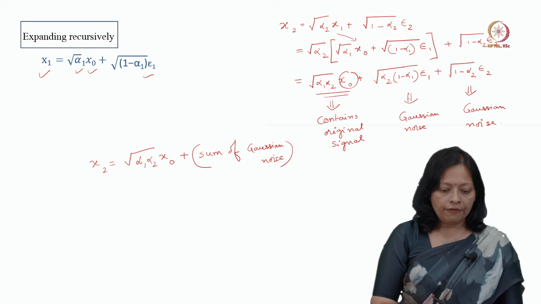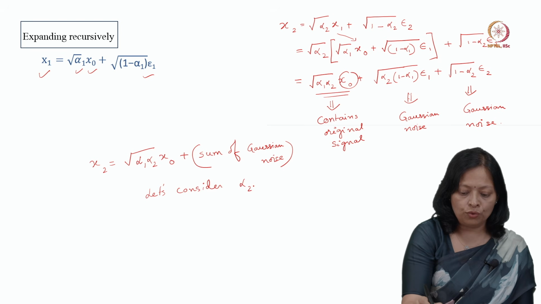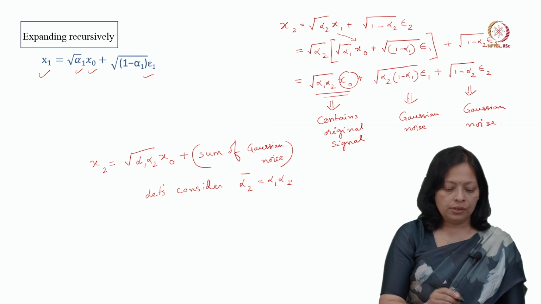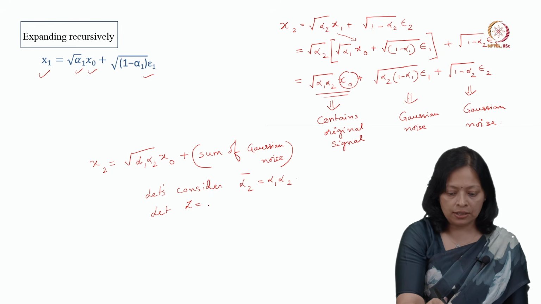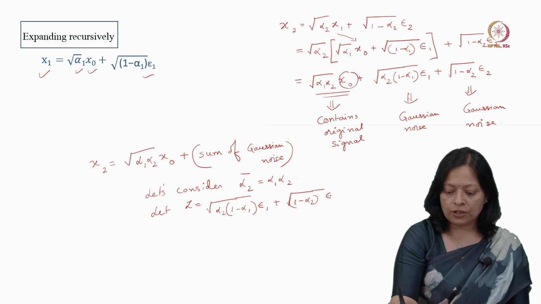Now, let us consider alpha 2 bar equal to alpha 1 alpha 2, and let z equal to the addition of these two Gaussian terms, which is square root of alpha 2 into 1 minus alpha 1 into epsilon 1 plus square root of 1 minus alpha 2 into epsilon 2.